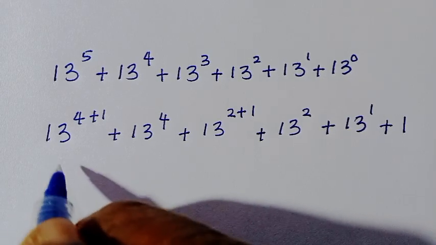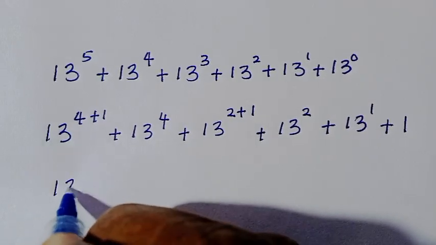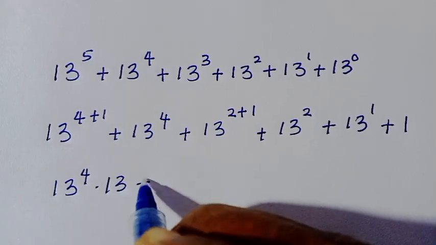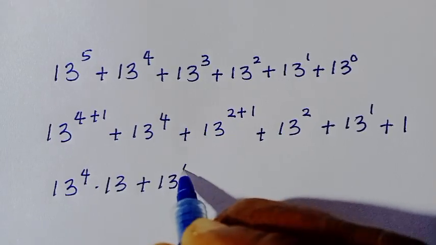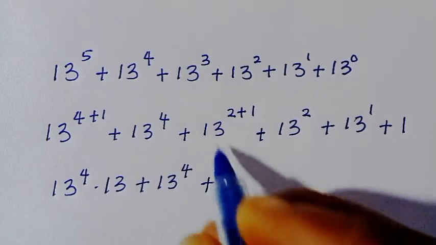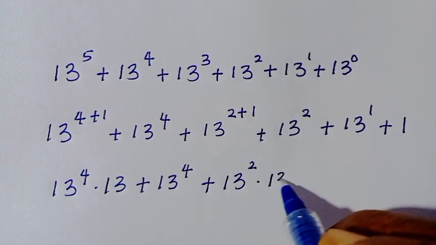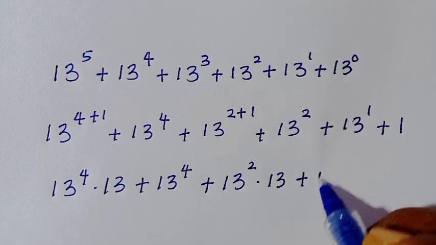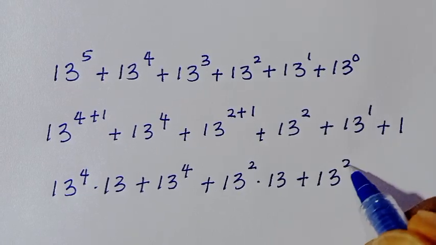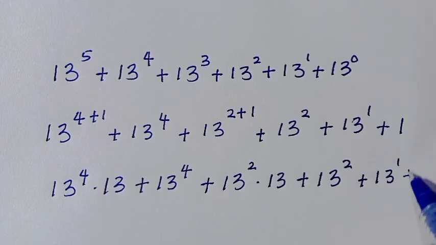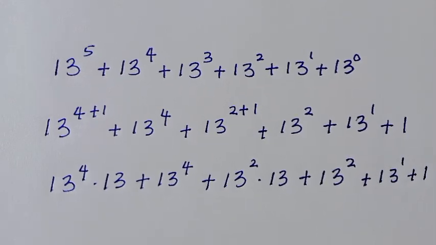Then from here, we can separate this as 13 raised to the power 4 multiplied by 13, plus 13 raised to the power 4, plus 13 raised to the power 2 multiplied by 13, plus 13 raised to the power 2, plus 13 raised to the power 1 plus 1.